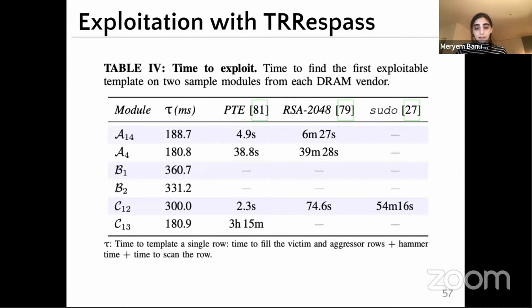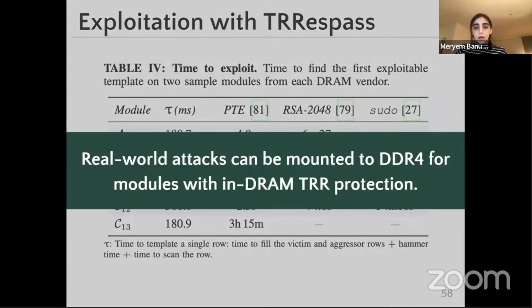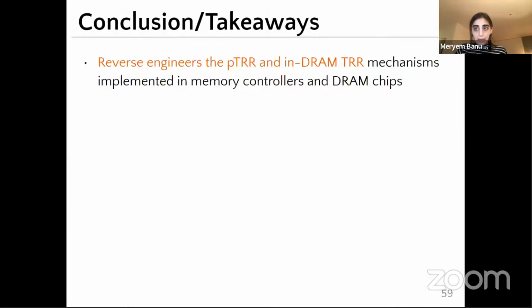With these techniques, several types of exploitation were performed by the authors, such as privilege escalation and access to a co-hosted VM. And I think the key conclusion here is that we can mount real-world attacks on DDR4 devices with in-DRAM TRR protection.